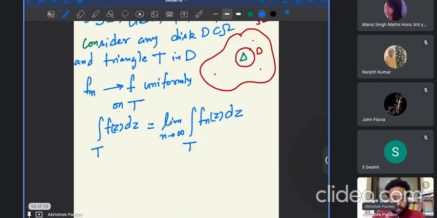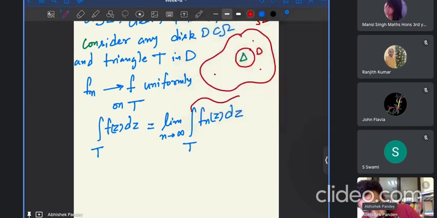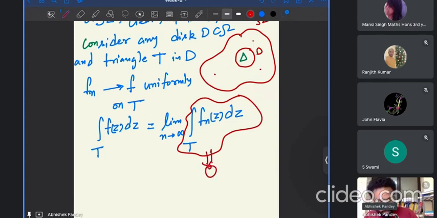Now since fn is holomorphic, by Cauchy's theorem or the Cauchy-Goursat theorem, which we have seen, on this closed triangle each fn integral will be 0. So the whole thing will be 0.